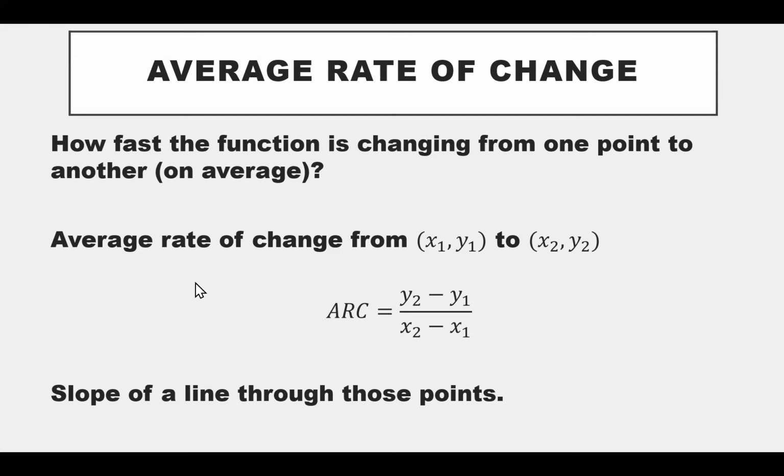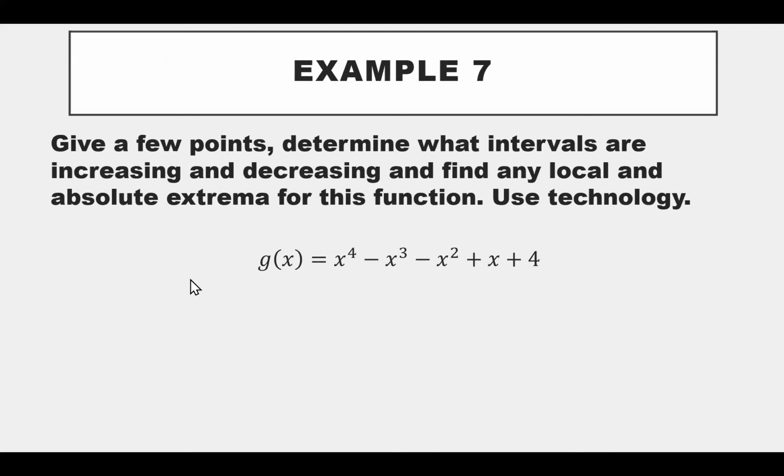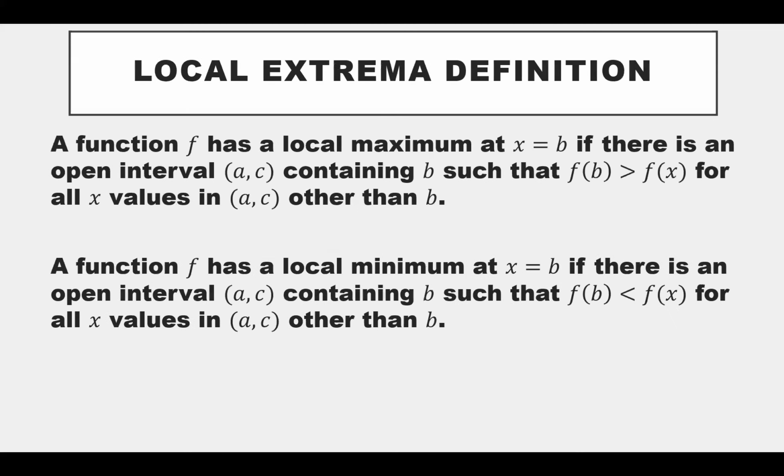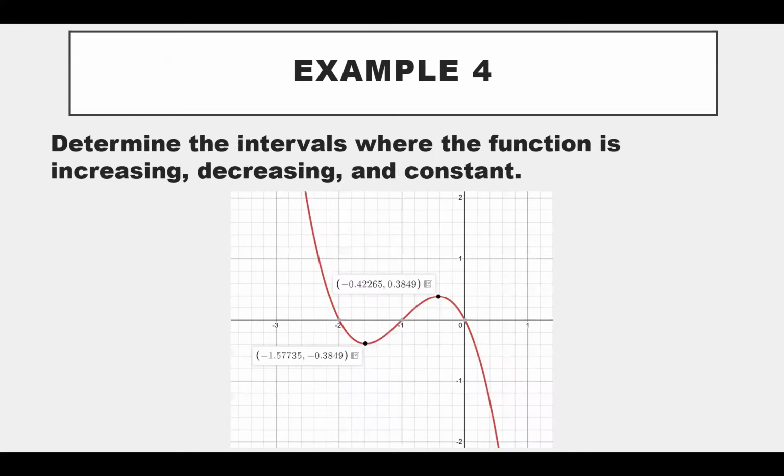And then obviously we saw some interesting points like the minimums, the maximums, that is local minimums, local maximums. We saw absolute minimums, absolute maximums. We saw x-intercepts and y-intercepts for points as well.